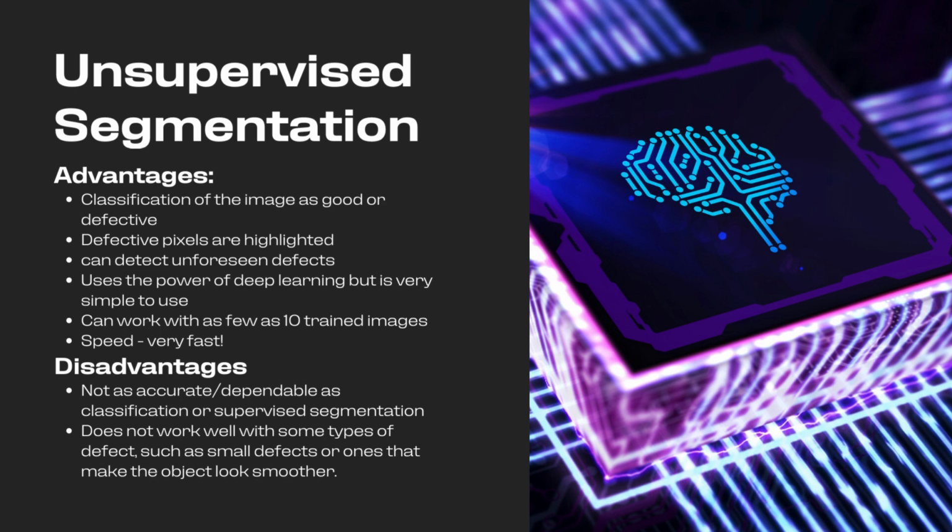It doesn't work well with some types of defects, in other words, very small things that may be difficult for it to distinguish, or defects that are very smooth or smooth things out. So yeah, there are a few disadvantages.